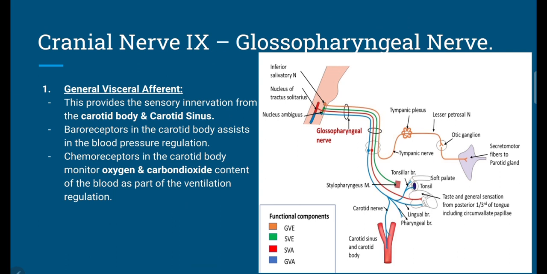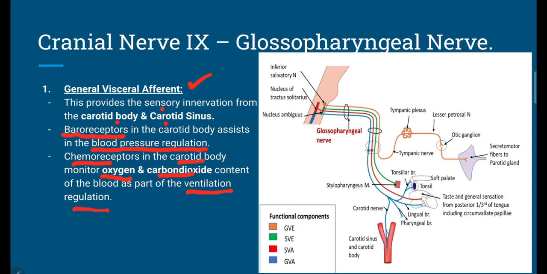Now let's look at each functional component in detail. Let's start with the general visceral afferent. This will provide the sensory information from the carotid body and the carotid sinus. The baroreceptors, baro meaning pressure, in the carotid body will assist in blood pressure regulation, and the chemoreceptors, chemo meaning chemical, in the carotid body will monitor the oxygen and carbon dioxide contents of the blood as part of ventilation regulation.